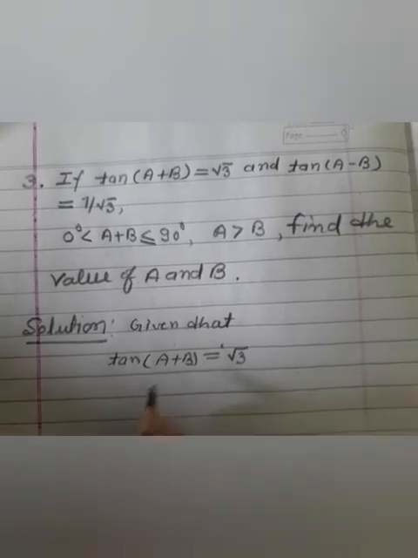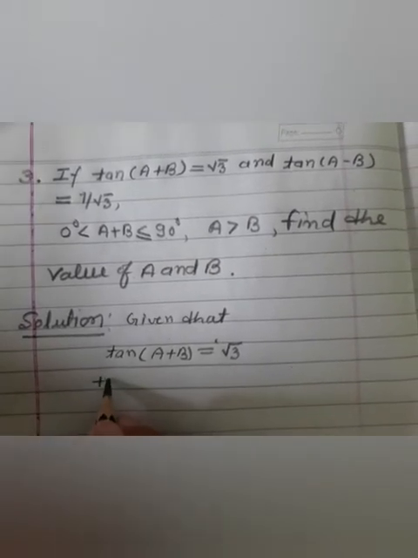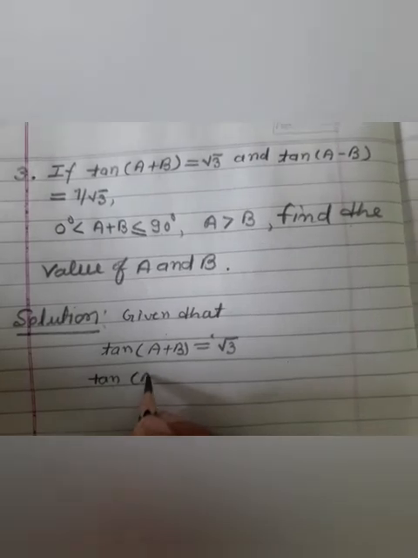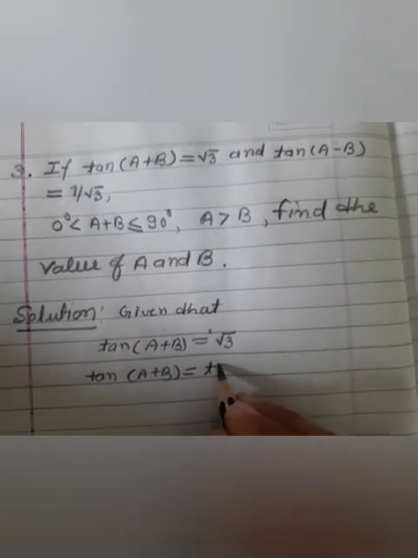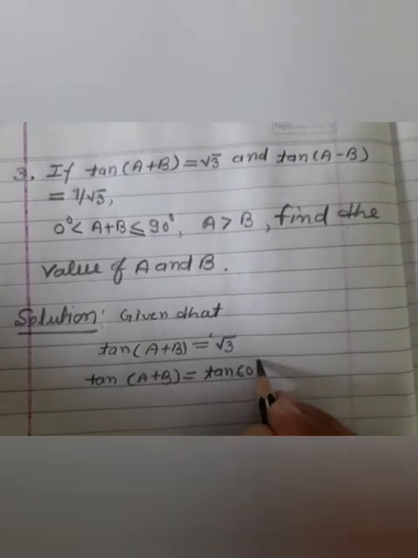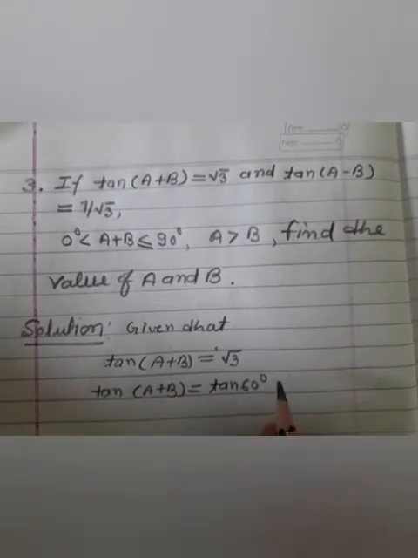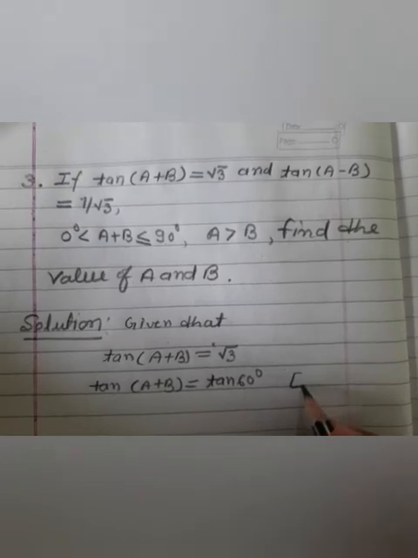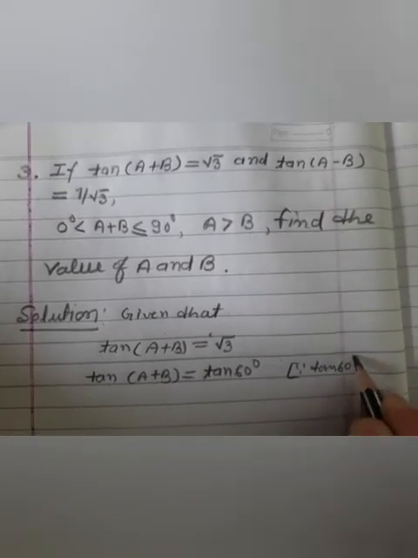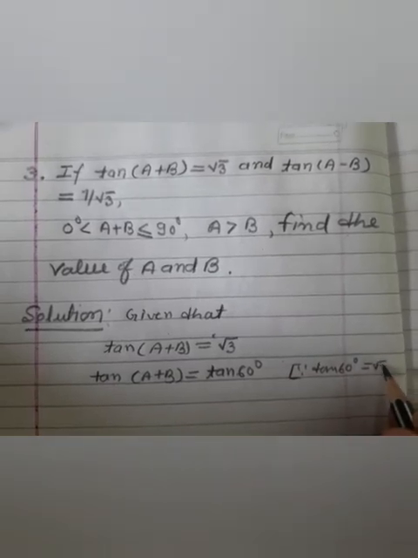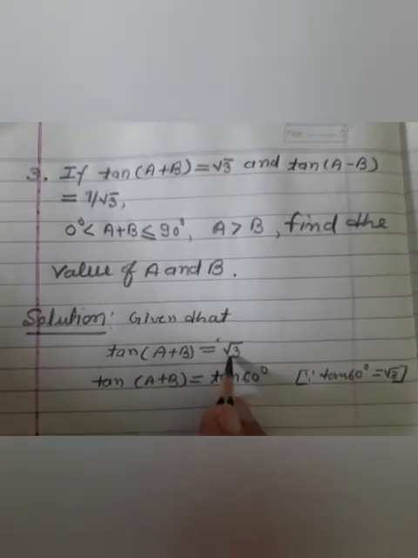So this one is the right here. Tan A plus B is equal to tan 60 degree. Clear? We know that. Why? Tan 60 value is under root 3. Clear? This one is right.